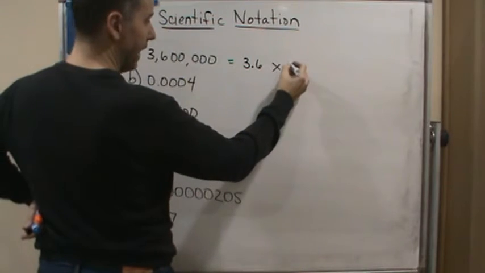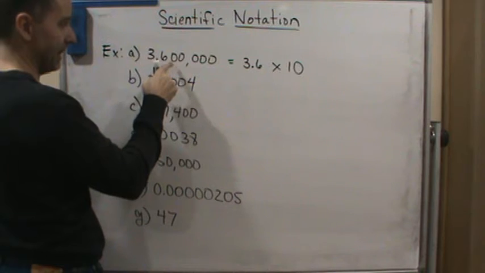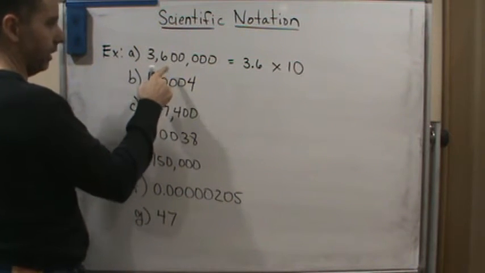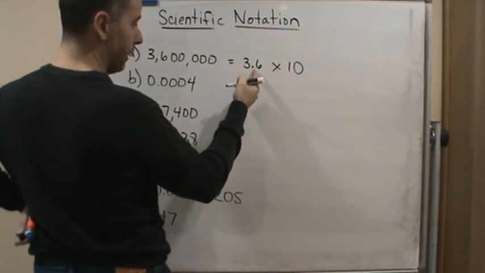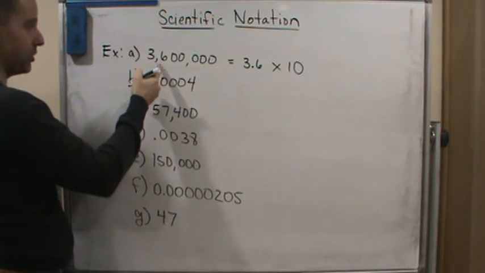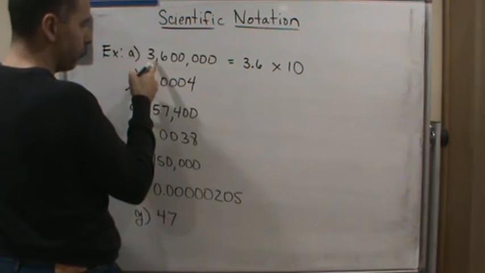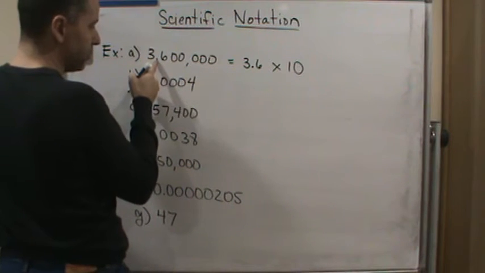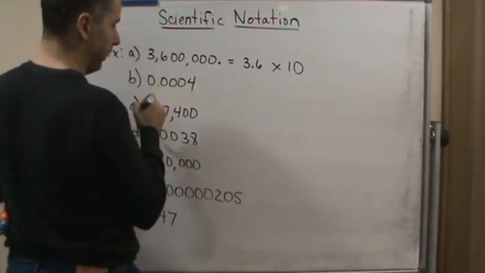Then what I have to do is multiply it by a power of 10 that gets me back to this, right? So what power of 10 will get me from 3.6 back to where I started from? Well, if I'm at 3.6, how many decimal places do I need to move in order to get back to here? Here's where my decimal point is.